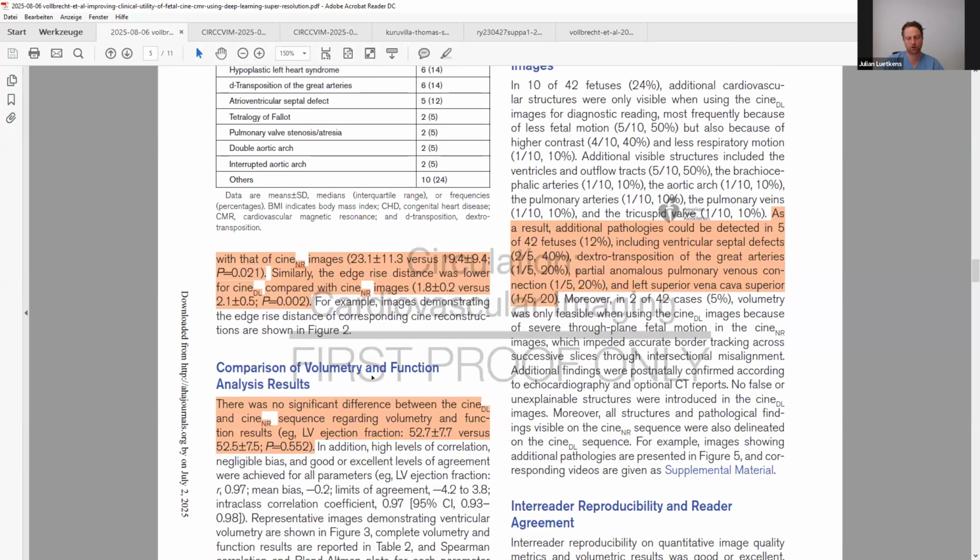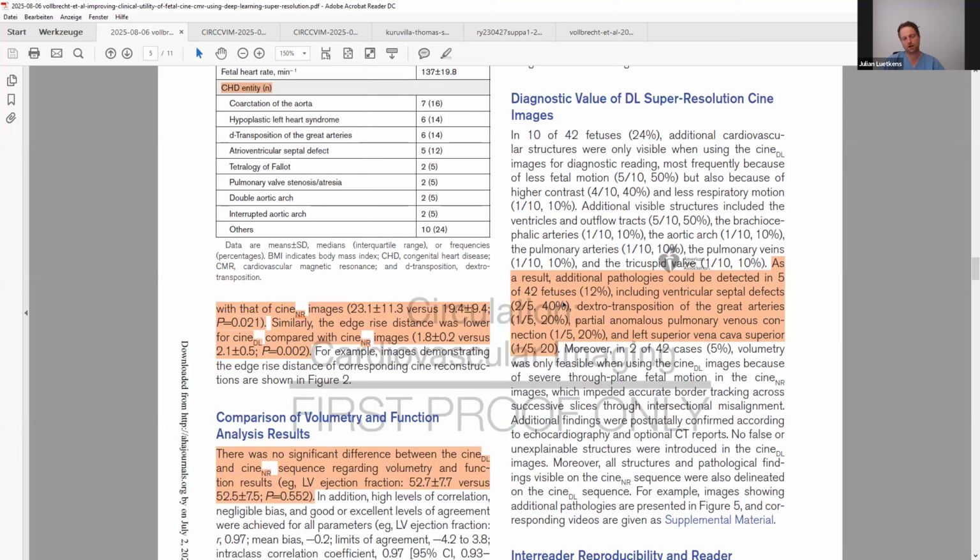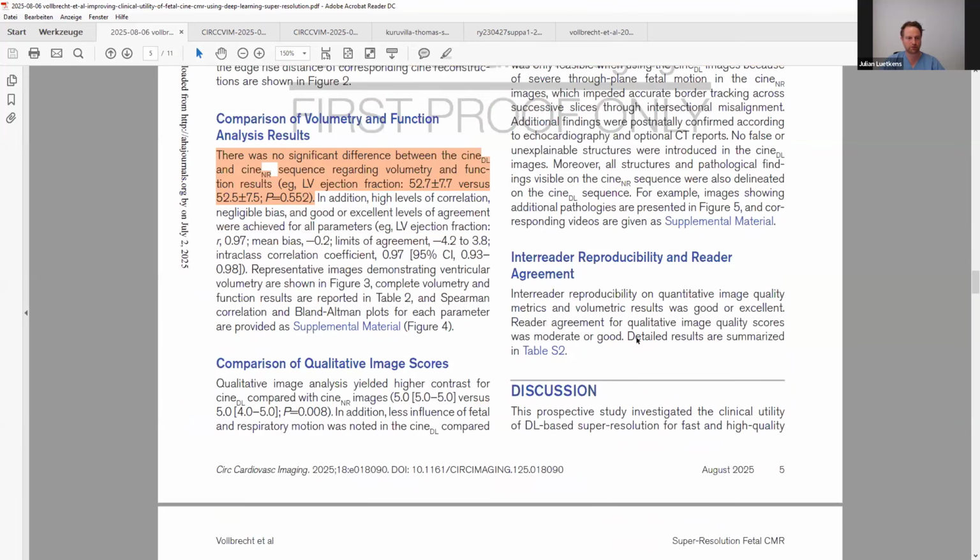And of course, as we encountered less motion artifacts, we were able to detect 5 additional pathologies, which included ventricular septal defects, D-TGA, and also a partial anomalous pulmonary venous connection. And we were also able to image one left superior vena cava in our cohort.